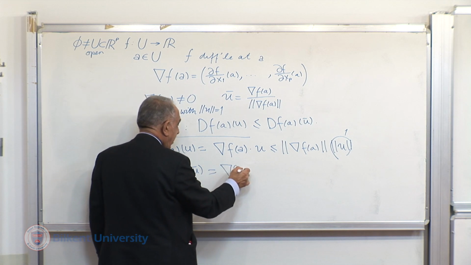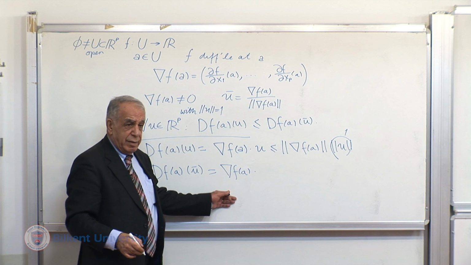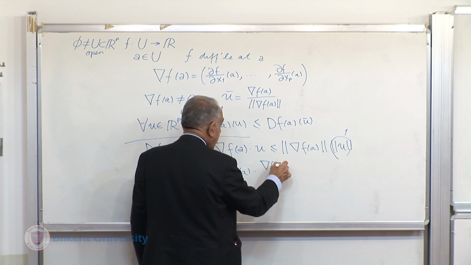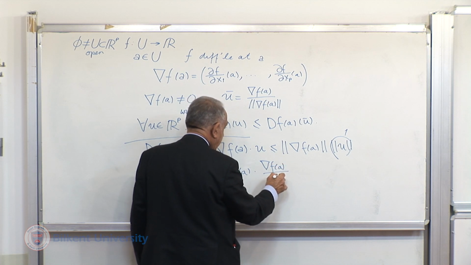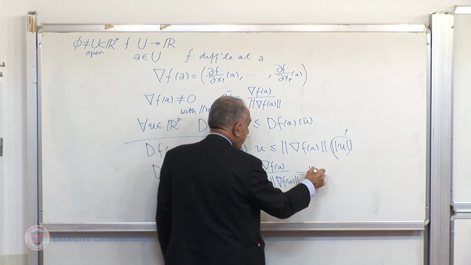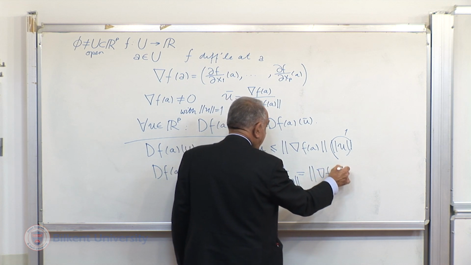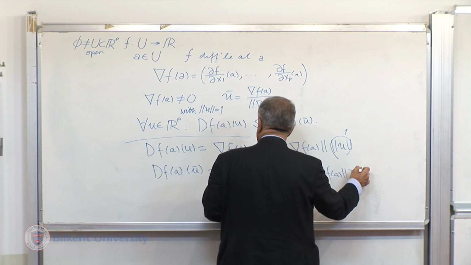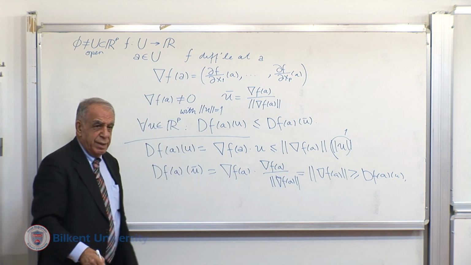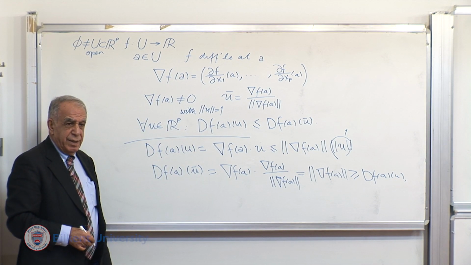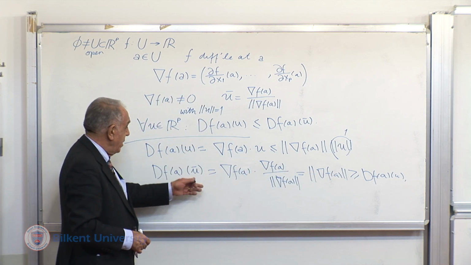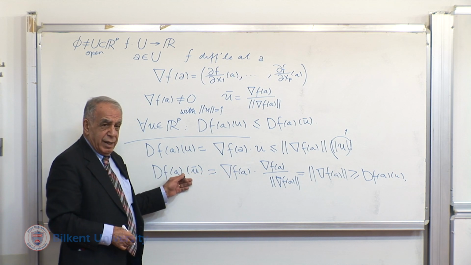That's the inner product of del F at A with U bar, but this is just the norm of del F at A, and we know that this is larger than or equal to the differential of F at A applied to U.